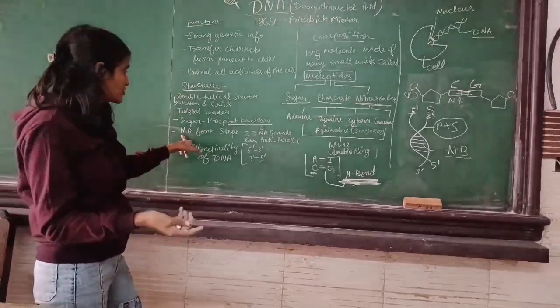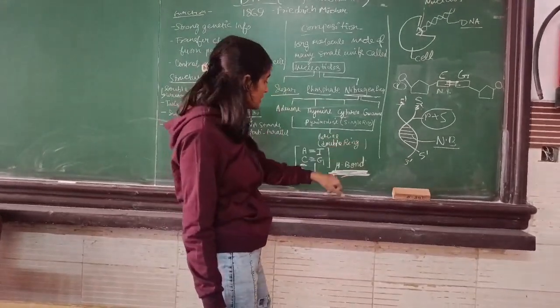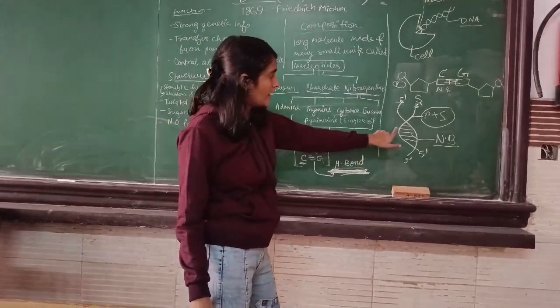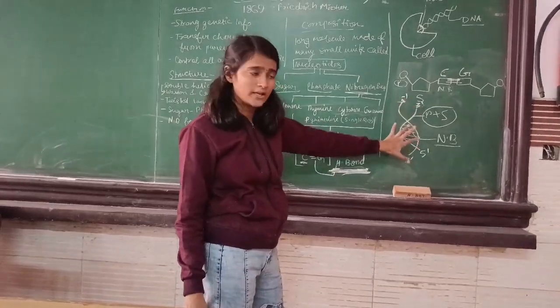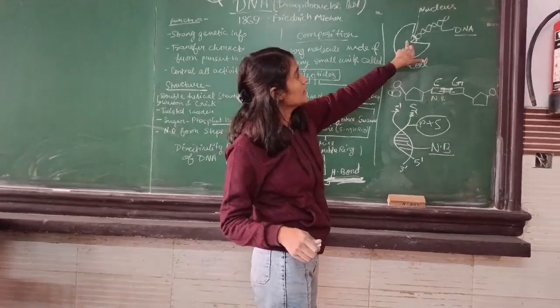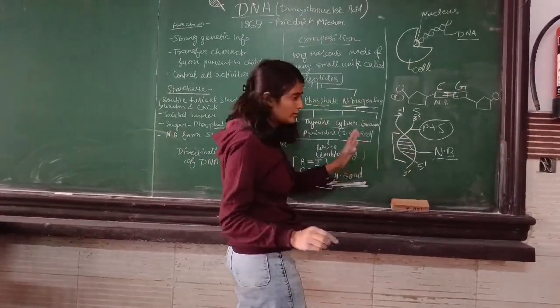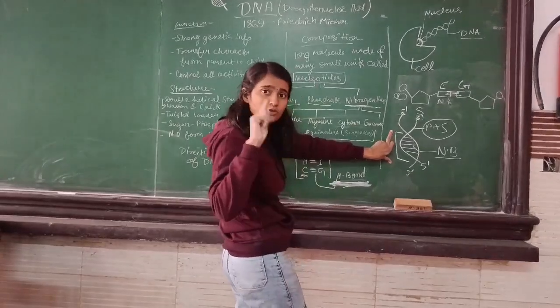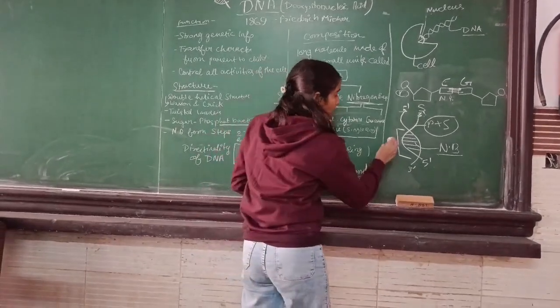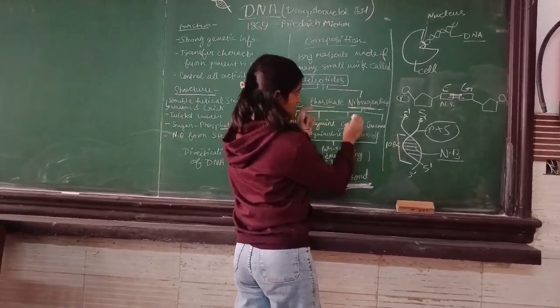And your nitrogenous bases form a ladder-like structure, and these hydrogen bonds help to stabilize this DNA structure in the nucleus. And in each twist of the structure, we have 10 base pairs, 10 nitrogenous base pairs.